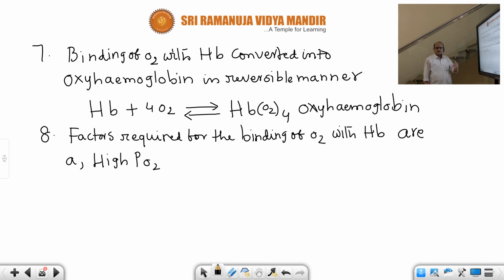Hence, the oxygen dissociates from hemoglobin and is released into the tissues. That is essential there, because tissues require oxygen for cellular activities. That's why low PO2 is there. Low PO2 helps in the dissociation of O2 from hemoglobin.